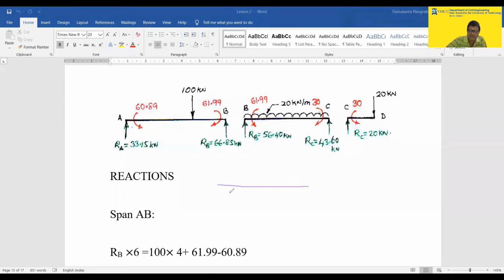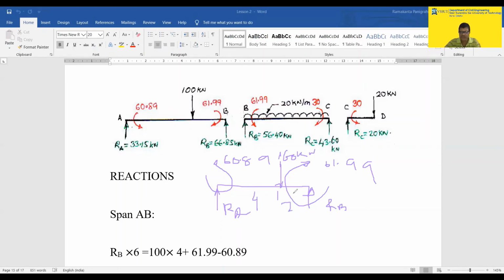Initially you have RA, you have here RB, and you have this moment given as 60.89, and this moment given as 61.99, and you have the load here. So this is the free body diagram. These RA and RB are obtained at a later stage. This is 100 kilonewton, this is 4 meter, and this is 2 meter.